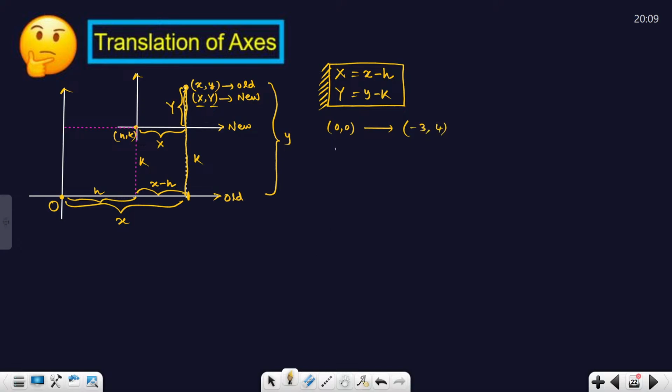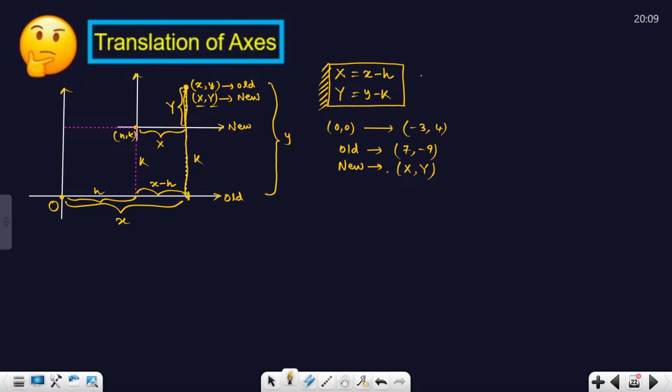Now tell me, if the coordinate in the old system is, say, 7, minus 9, what will be the coordinate in the new system? That is, I want to find out what is my capital X and capital Y in this case.